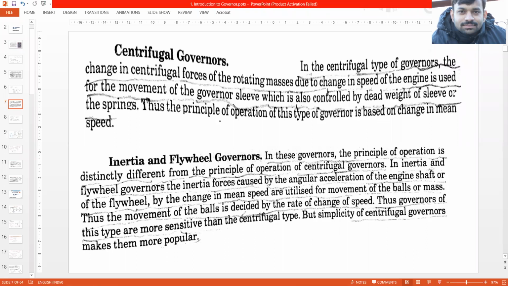That is, change in speed and rate of change of speed. Okay, so therefore it is more sensitive as compared to the centrifugal governors. But simplicity of centrifugal governors makes them more popular. They are easy to construct and assemble, so they are more popular in terms of usage. All right.